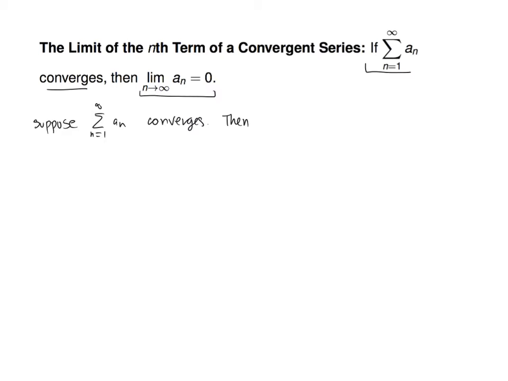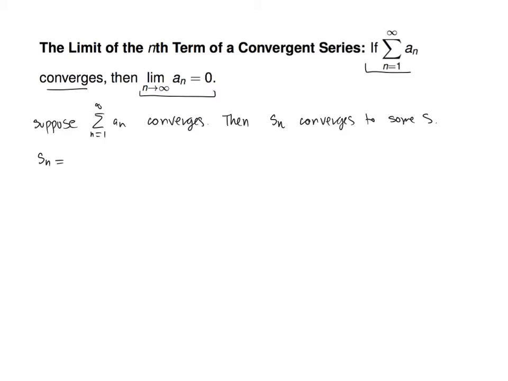And if something converges, we know that s sub n converges to some s, where s sub n is the nth partial sum. So what it means for a series to converge is that its partial sums converge. And s sub n is going to equal what?